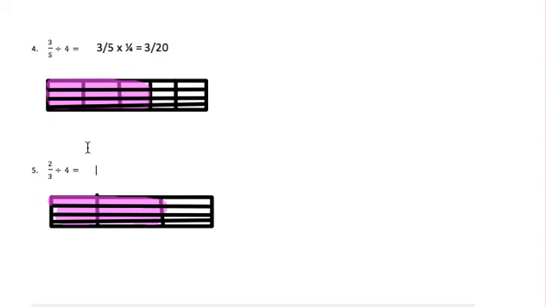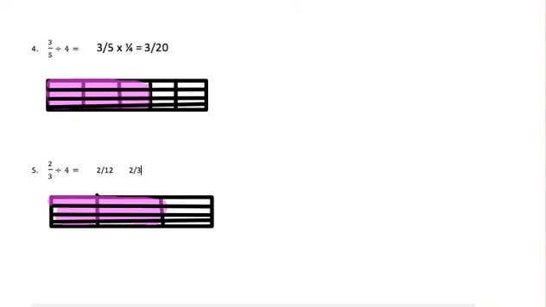And our numerator should end up being 2 as well. The numerator would be how many across we are. So 2. And we said our denominator should be 12. So now let's check it mathematically.